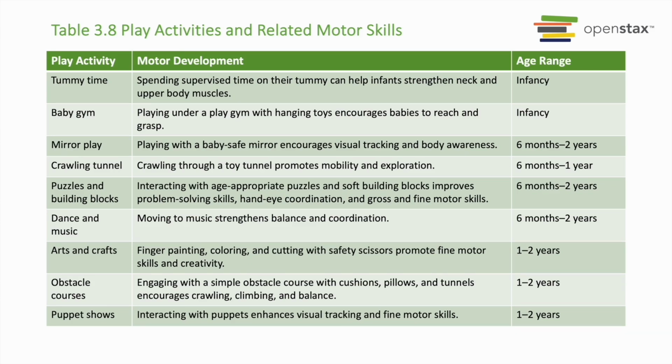Finger painting, coloring, and cutting with safety scissors promote fine motor skills and creativity from 1 to 2 years. Obstacle courses. Engaging with a simple obstacle course with cushions, pillows, and tunnels encourages crawling, climbing, and balance from 1 to 2 years. And finally, puppet shows. Interacting with puppets enhances visual tracking and fine motor skills from 1 to 2 years.